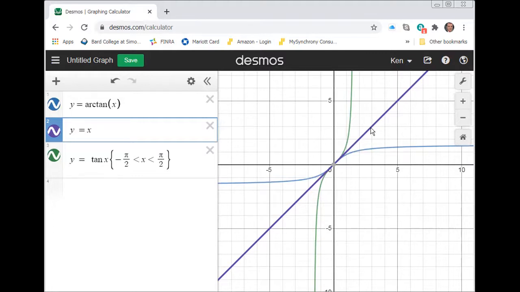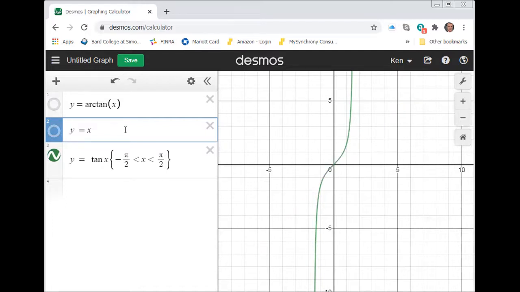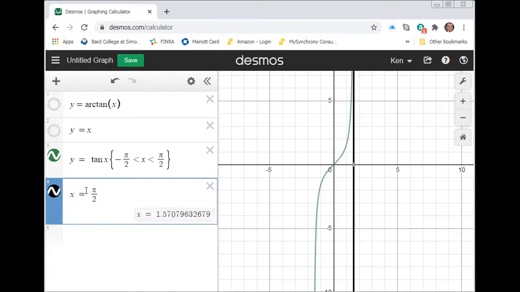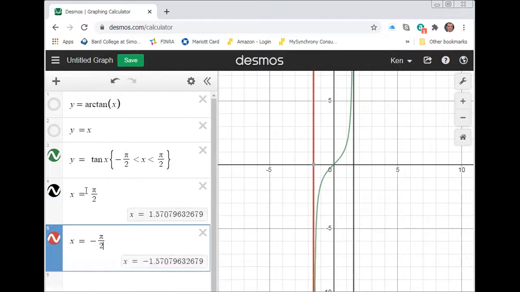And the thing about that is that when you take an inverse function, if the original function had a vertical asymptote, then the inverse function is going to have a horizontal asymptote. Let me see if I can graph it for you. So the vertical asymptotes here are x equals pi over 2 and x equals minus pi over 2.